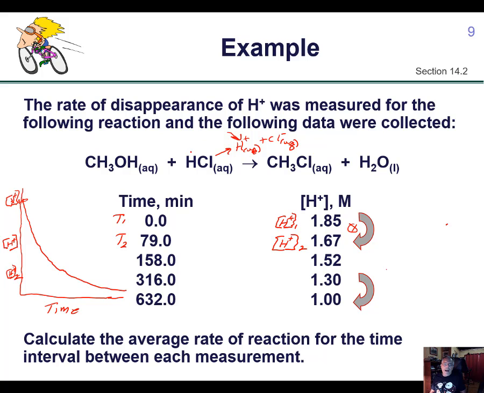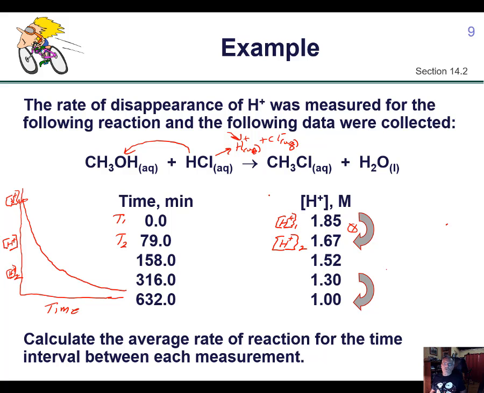What's happening is the hydrogen ion is reacting with the oxygen on the methanol, adding to the hydroxyl group, and the hydrogen ion are making water, and then the chloride ion will attach to the methyl group here and make the chloromethane.